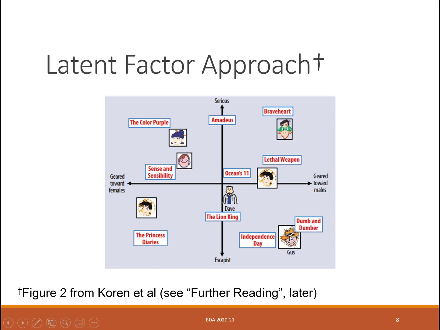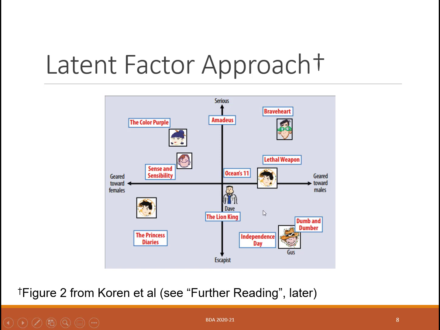Therefore, in this example, based on this factorization, we would expect Gus to love Dumb and Dumber, to hate The Color Purple, and to rate Braveheart about average.